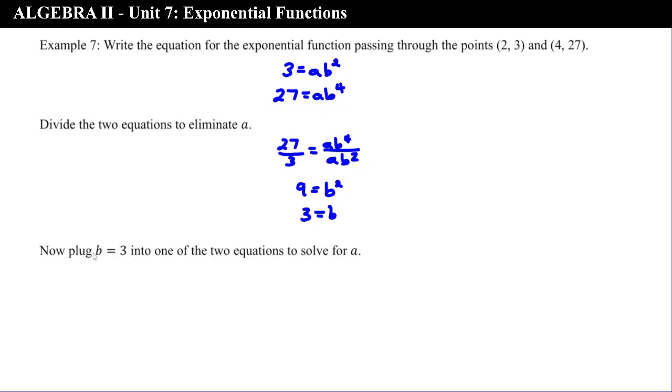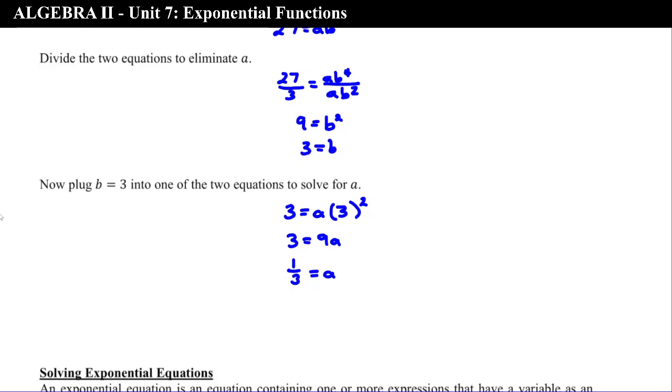Now let's plug in b equals 3 into one of the 2 equations to solve for a. So let's do it into the first one, because that's the easier one to do. So we've got 3 equals a times 3 squared. 3 equals 9a. And so you have 3/9, which is 1/3, equals a.